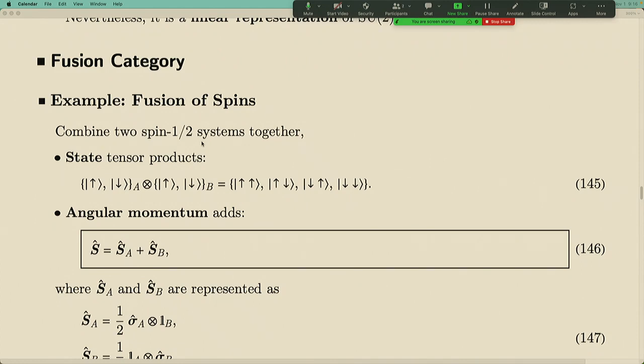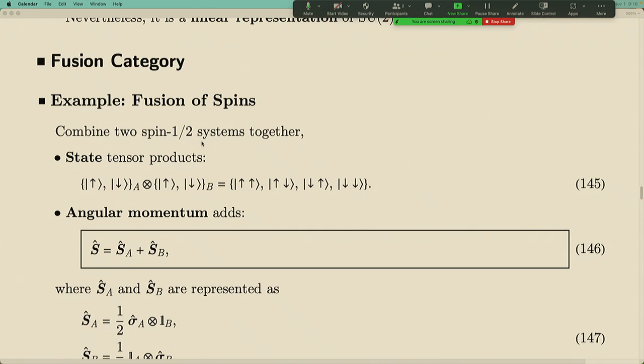And sometimes we want to ask, if I combine two particles together, for example a proton and an electron, they can combine to form a hydrogen atom. In that case, the proton carries spin, the electron carries spin, and maybe there's still angular momentum between them. But if we assume there's no relative angular momentum, then I would like to know what is the overall angular momentum of the whole hydrogen atom system.